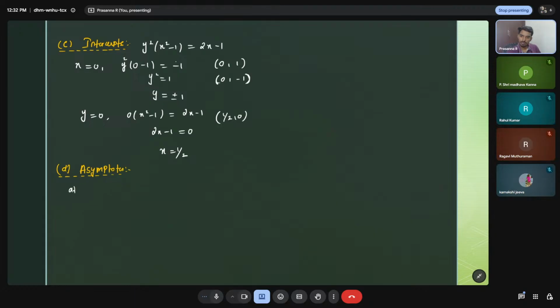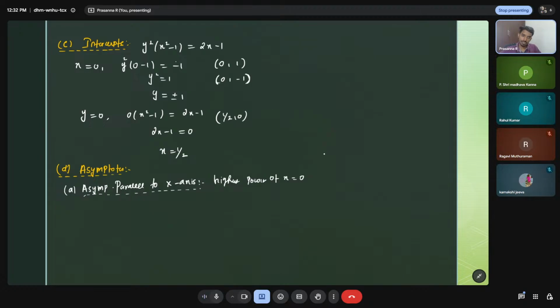First, asymptotes parallel to x-axis. Sorry, equate highest power of x to be equal to 0. So what is the highest power of x here?